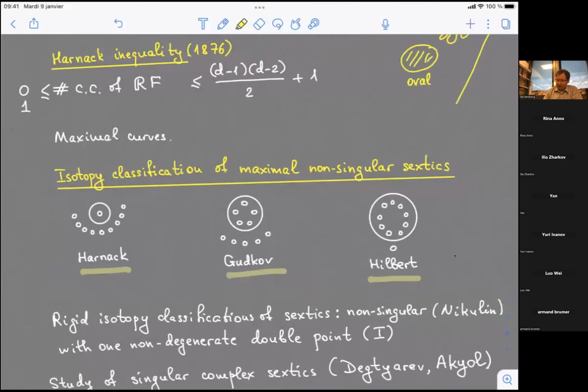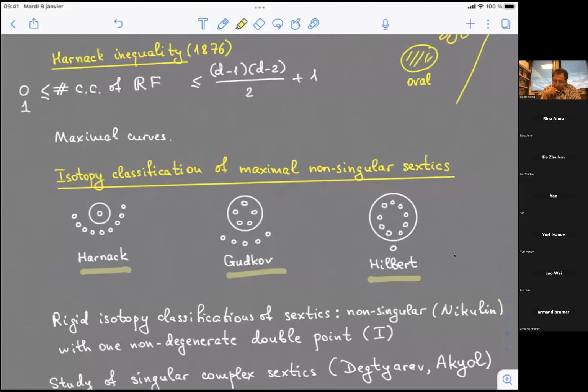So these real sextics with one non-degenerate double point can be seen as degenerations of non-singular sextics. For example, you can take Hilbert's maximal sextic and look at possible simplest degenerations of this non-singular sextic.